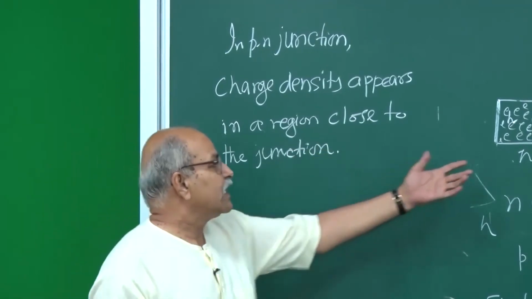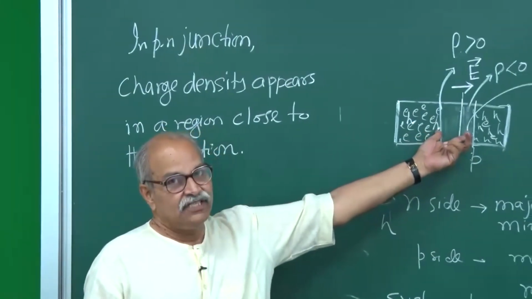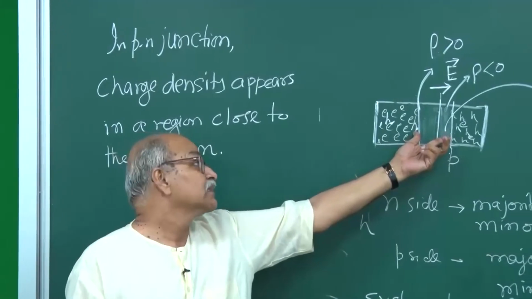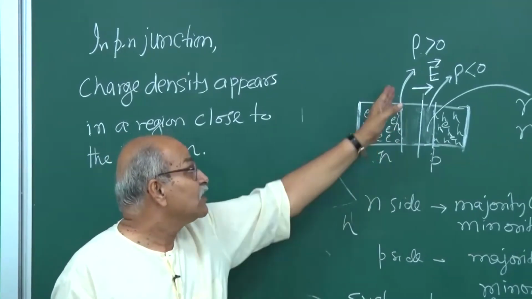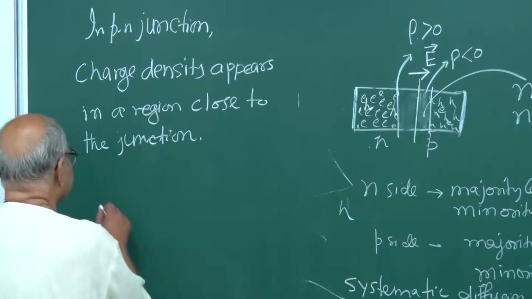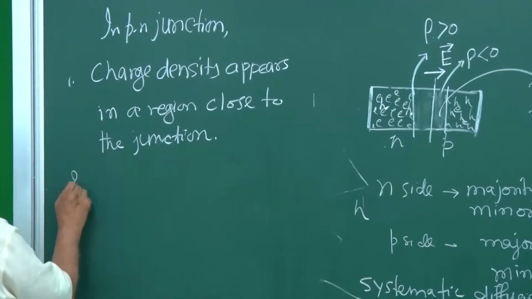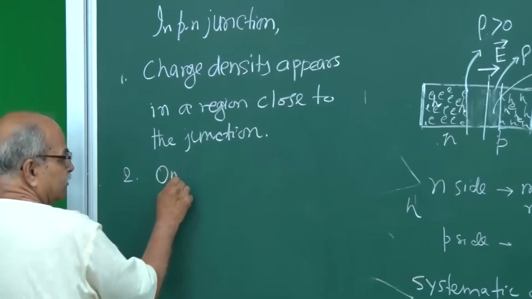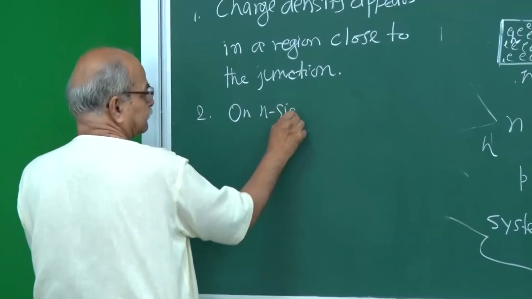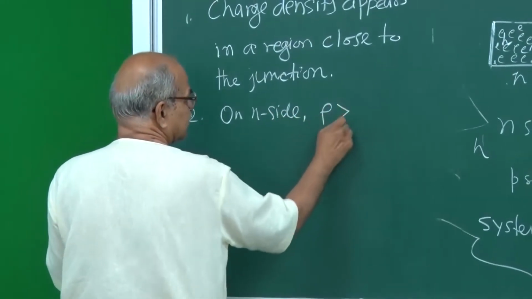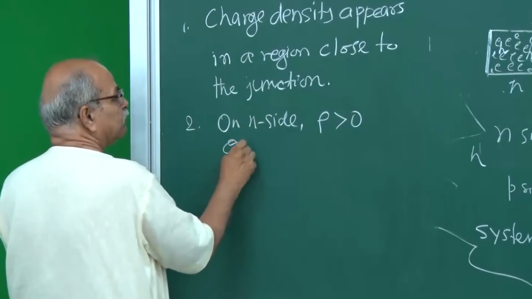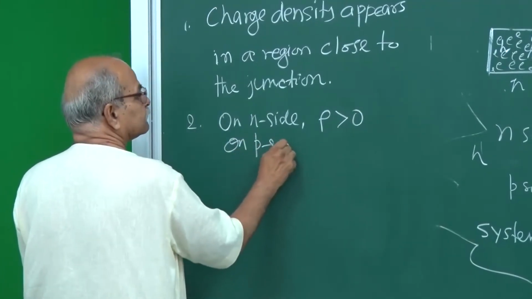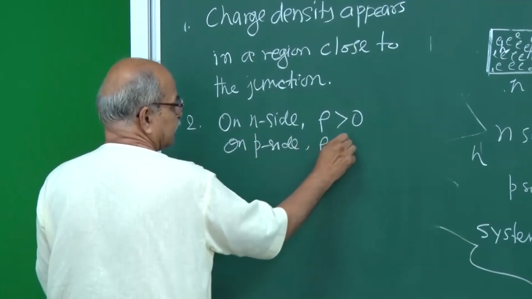Right. So, close to the junction, there is a region in which charge density appears. On the n side, you have positive charge density, so rho is positive, and on the p side, rho is negative.